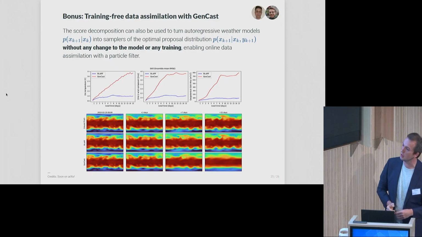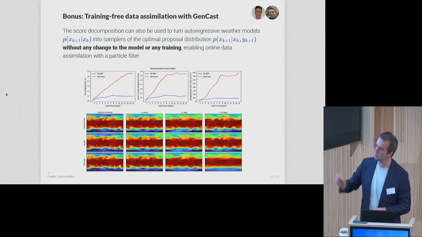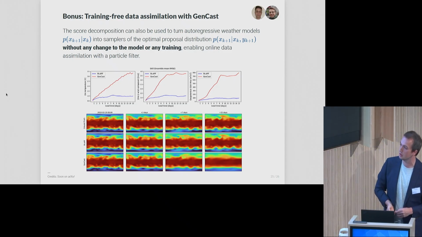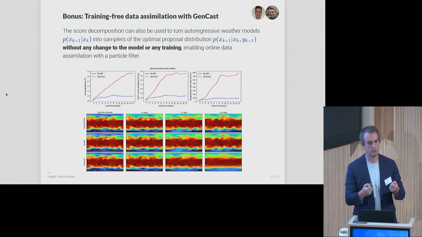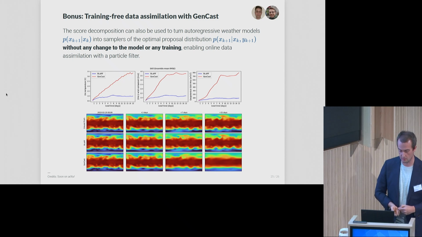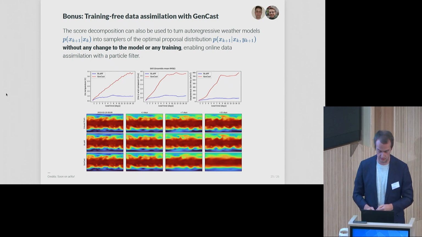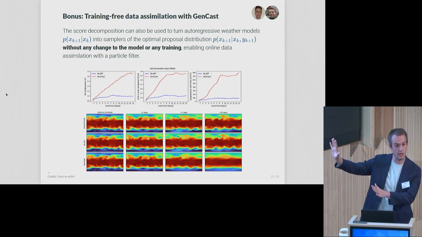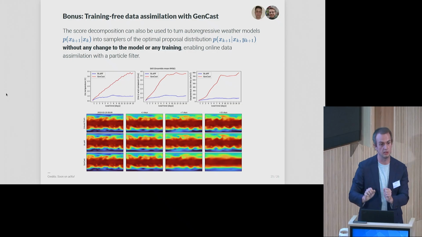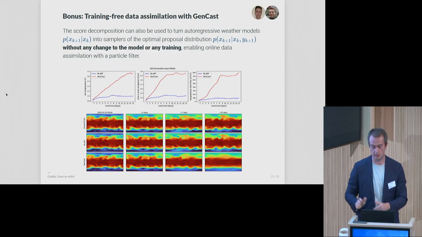What you see below are ensemble means: the ground truth above, the ensemble mean forecast for GenCast in the third row, and in the middle, the one you would obtain by just sampling conditionally and doing this particle filtering data assimilation process. So this is still GenCast, but enhanced with this trick of conditioning on the observations.